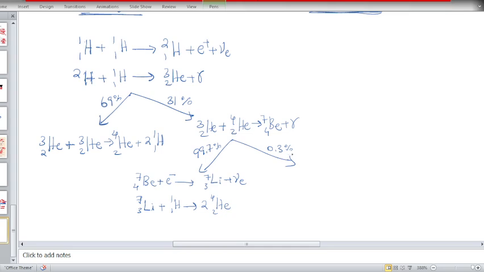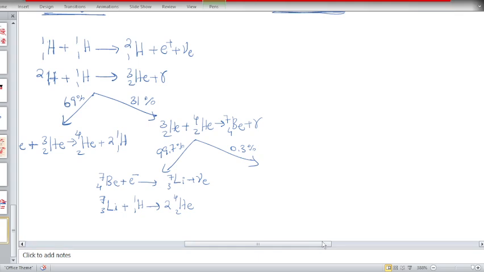And for 0.3 percent of the time, this beryllium 7 will interact directly with a proton and give you boron 8 plus gamma.